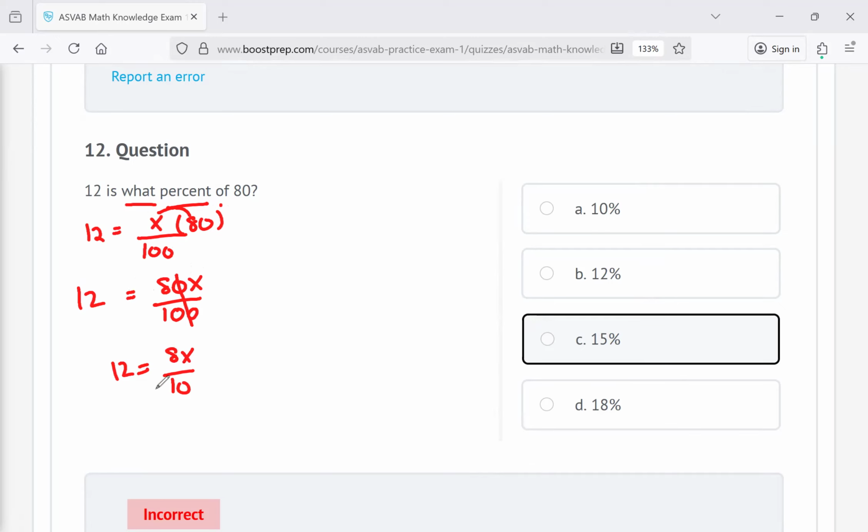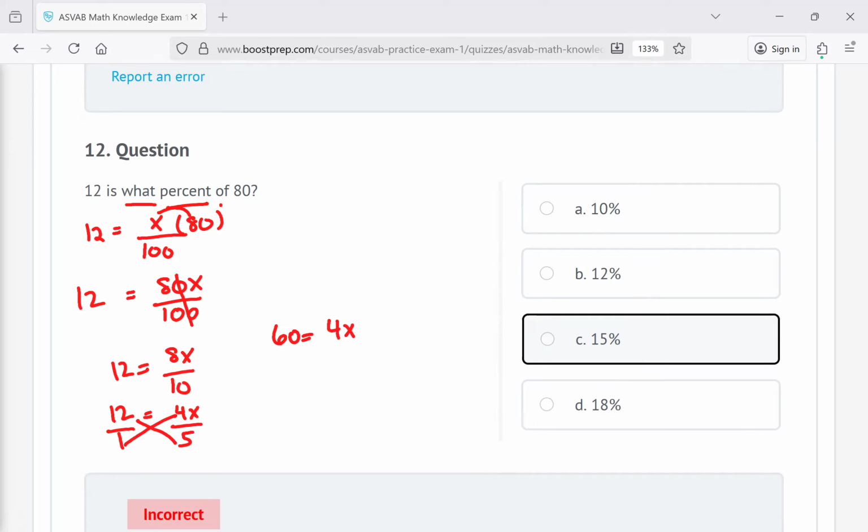Before I cross multiply, I can reduce the 8 and 10 one more time by 2. 8 divided by 2 is 4x. 10 divided by 2 is 5. Then you may cross multiply. So 12 times 5 is 60. And then 1 times 4x is 4x.